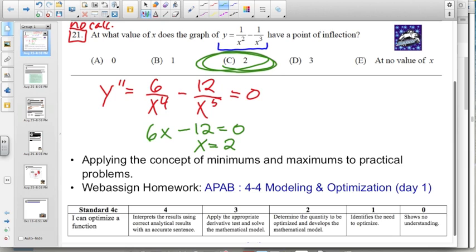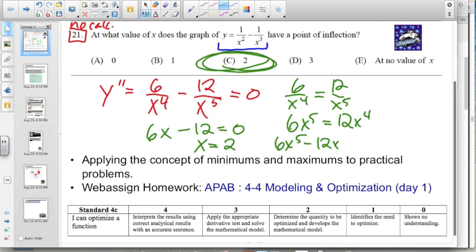Now, I saw a lot of people doing this, which is also a great way to solve it. I saw a group doing this, which is great. Getting in the habit of factoring.